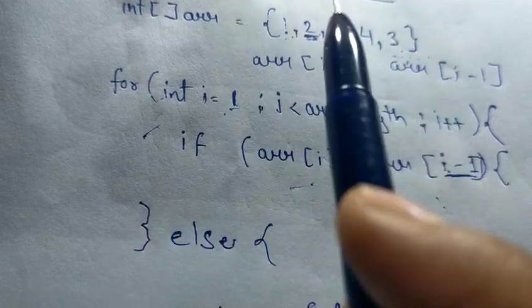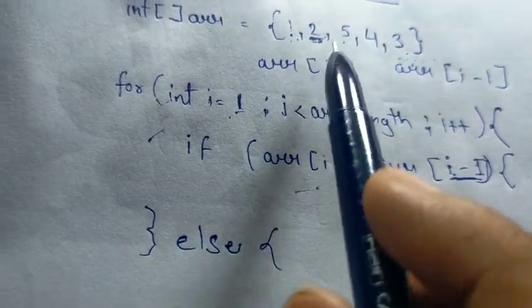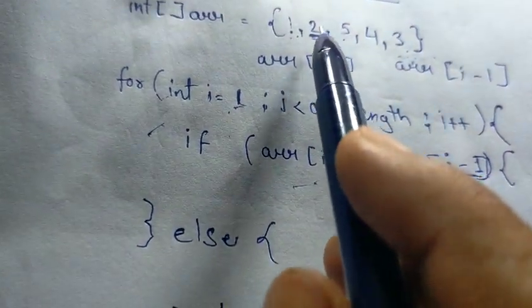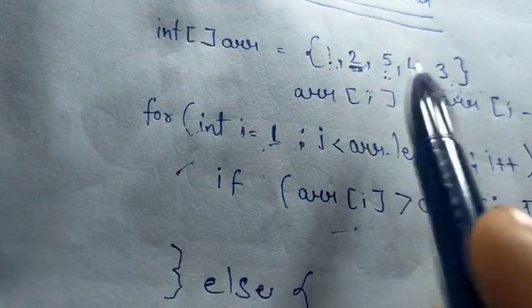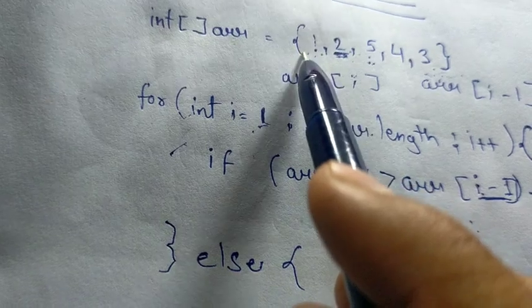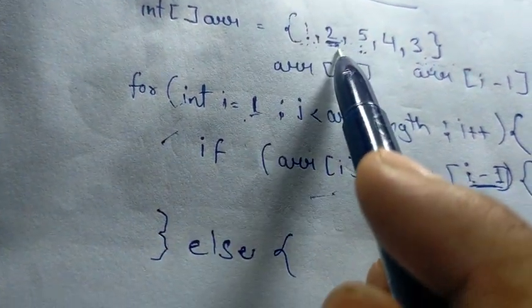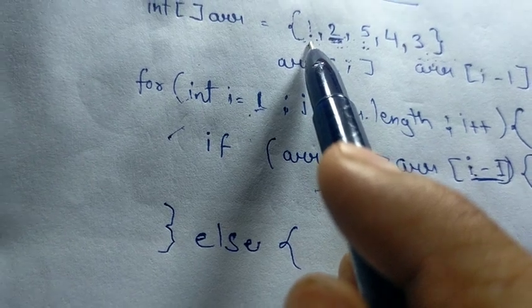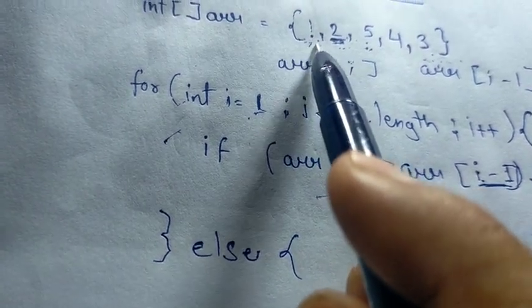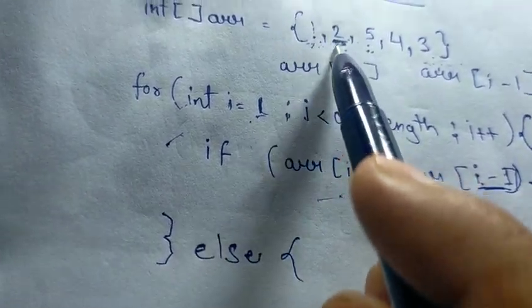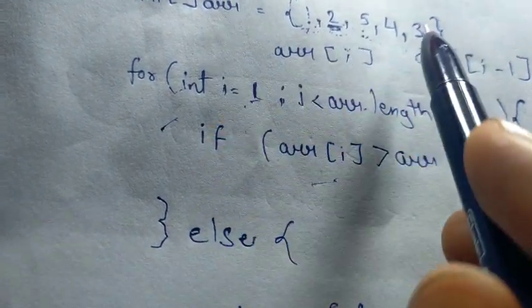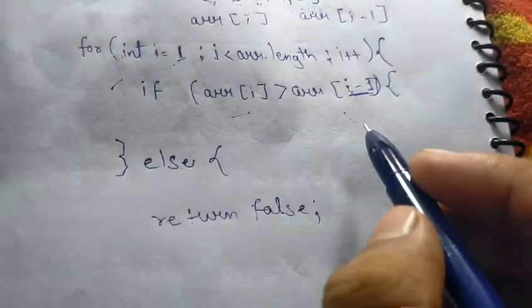So that's why we start with 1. Whenever we are at arr of i with i equal to 1, that is the first index, and i minus 1 is the 0th index. We check whether the element at index 1 is greater than the element at the 0th index or not, and if not, it returns false. Otherwise it continues checking until the end.